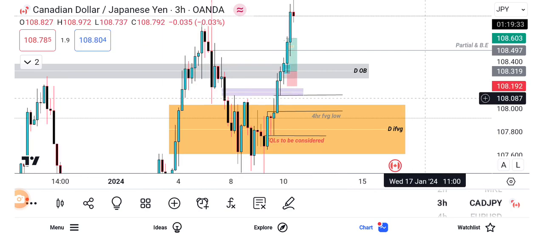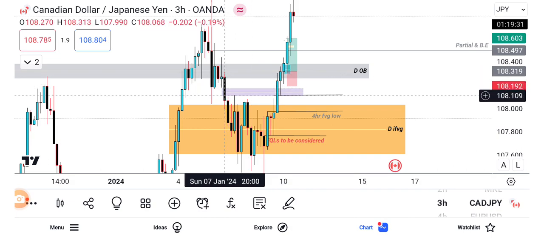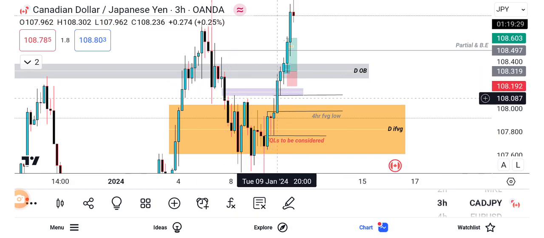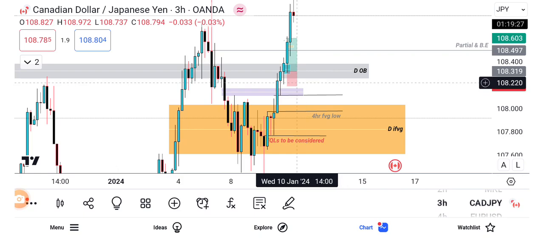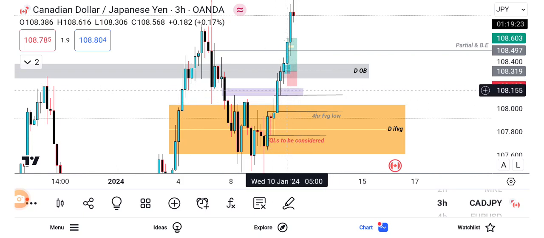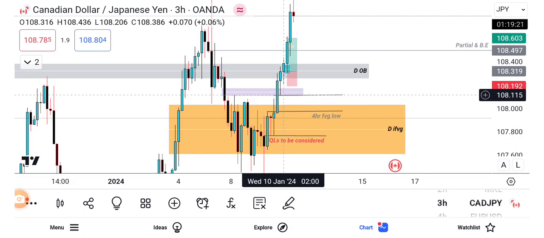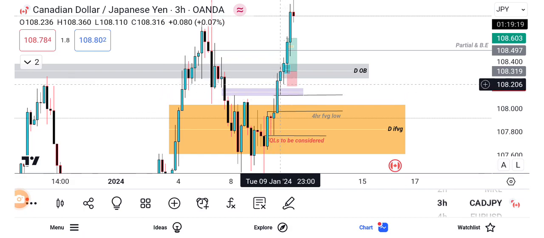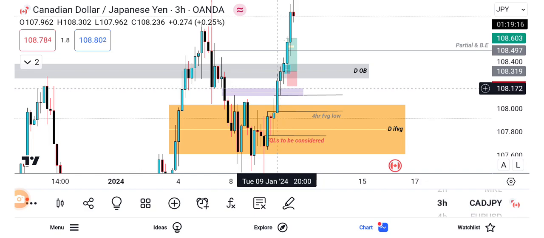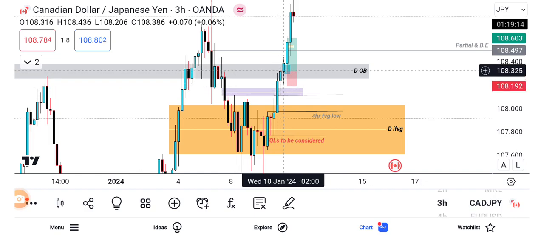So we have a 3-hour inversion fair value gap over here, which, going to the lower time frames, I will explain what happened here that also made me not expect price to retrace to these levels, right? So I'll explain why we had this price action, and also we can see over here what price was doing.